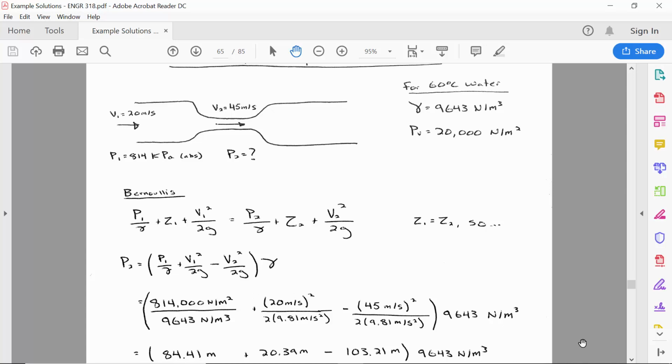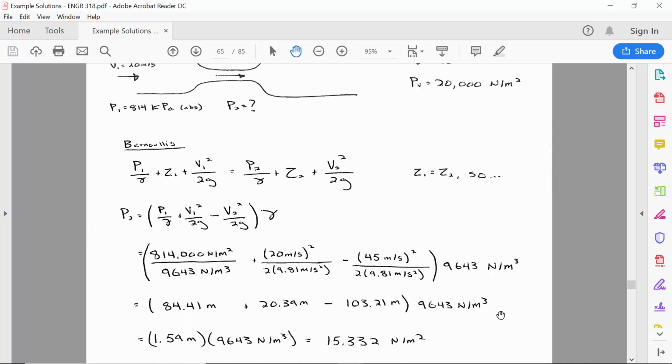pressure. And I like to group it so that I can see, for example, how much pressure head we have to begin. So there's 84.41 meters of head to begin with, and there's also some velocity head at location 1, but the velocity at 2 is going to be so high that at location 2, the pressure of the water is only going to be 15,332 pascals on an absolute basis.